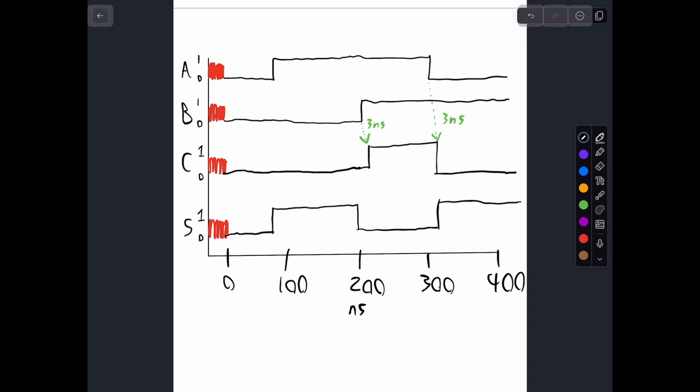Right? Or not right? There could be a mistake. Oh, and then this delay, how long is this delay right here from A to this? Yeah, this is 10 nanoseconds after A changed. And this right here is also 10.